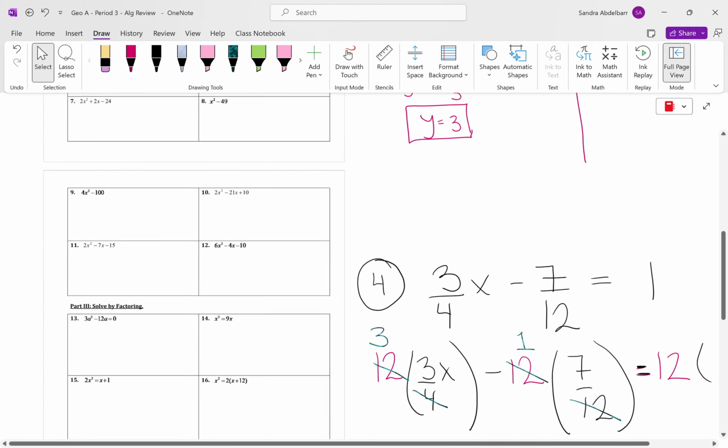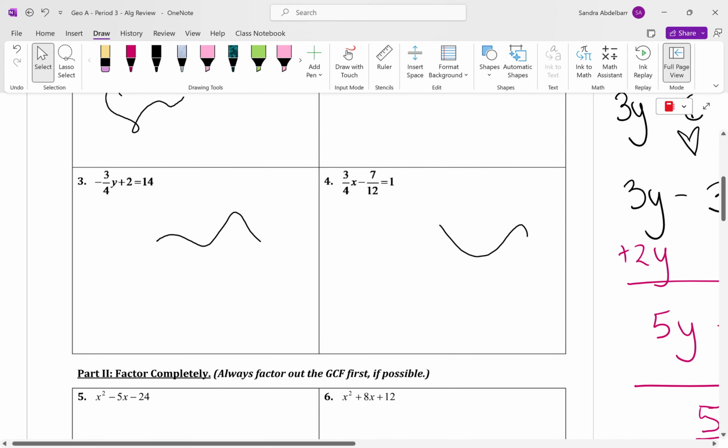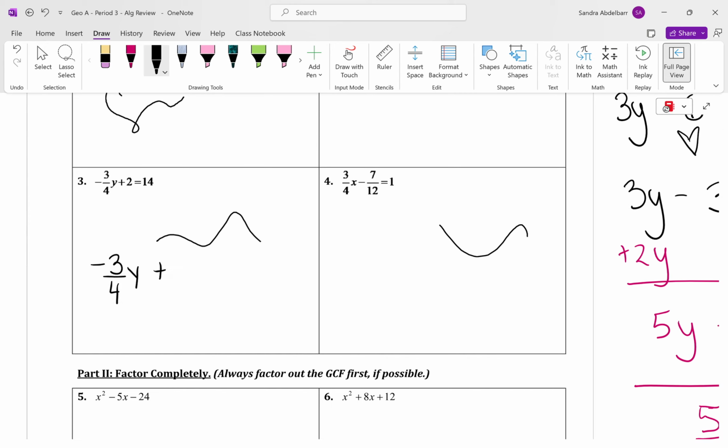All right, so you guys go back now and do number 3. Oh, just so you know, that's a negative 3 over 4y plus 2 equals 14.